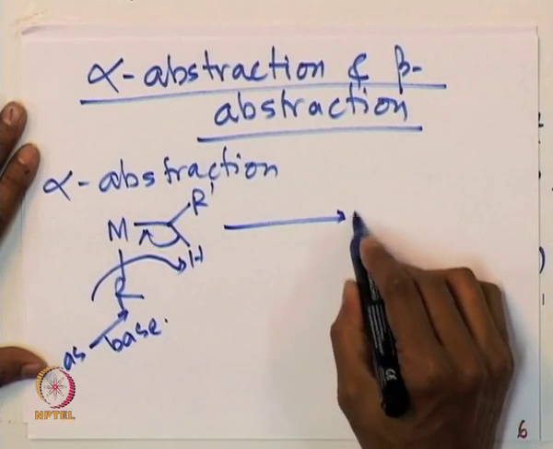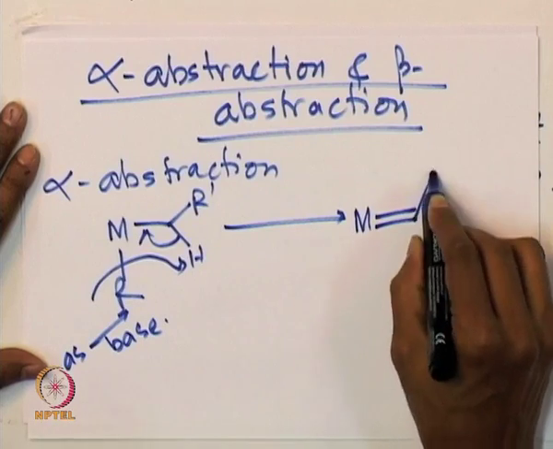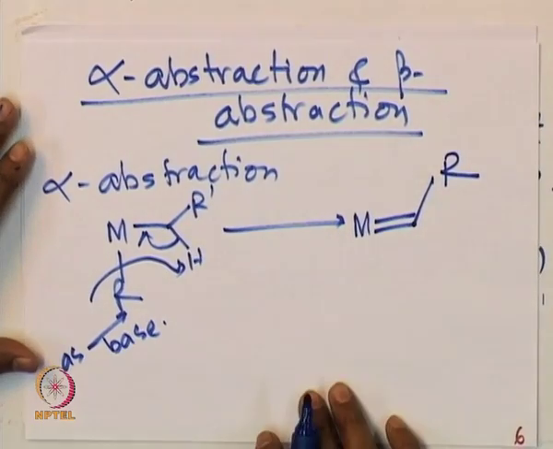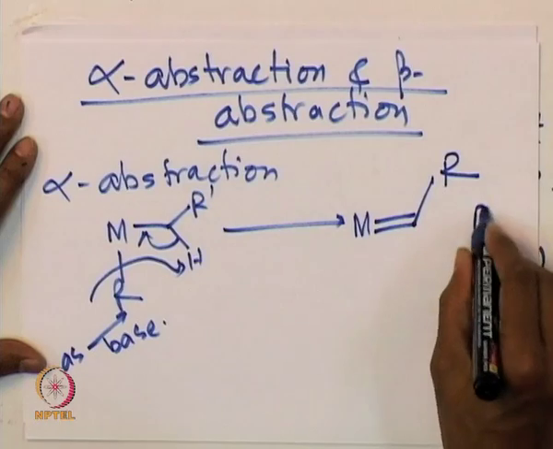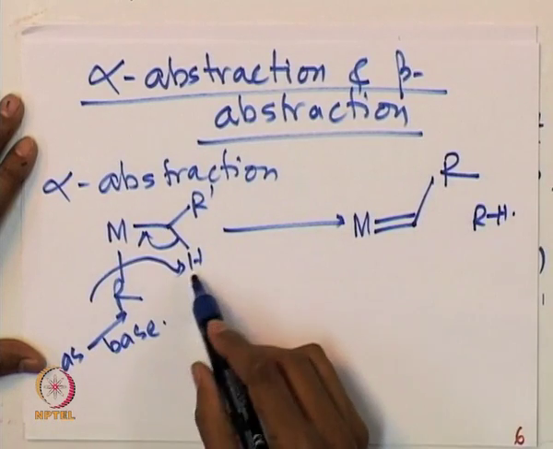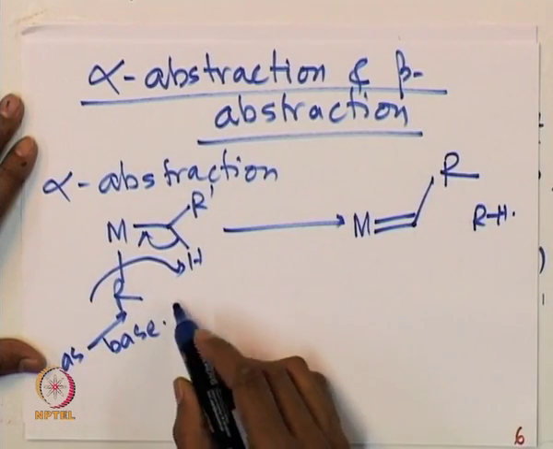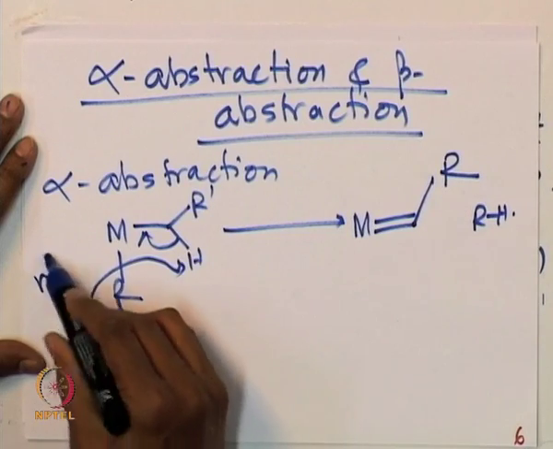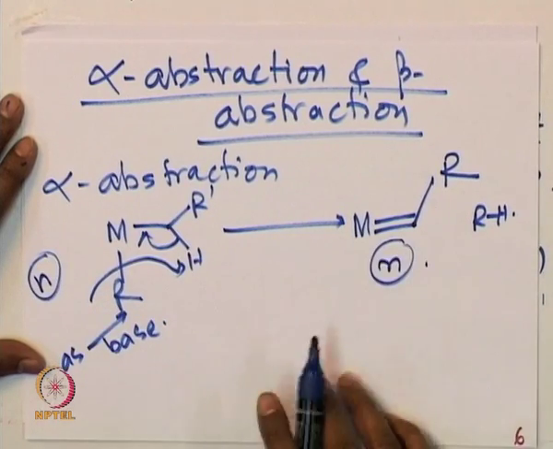Directly you have a metal carbene species plus RH, no change in electron count, as you can see. If this one was n electron, it will also be n electron.